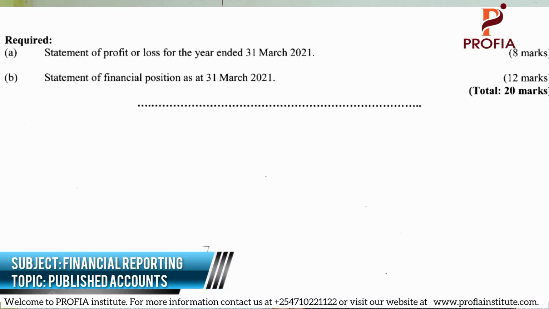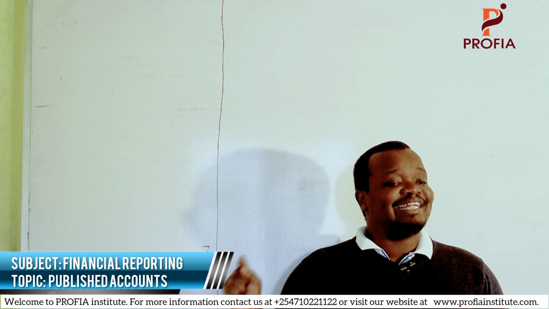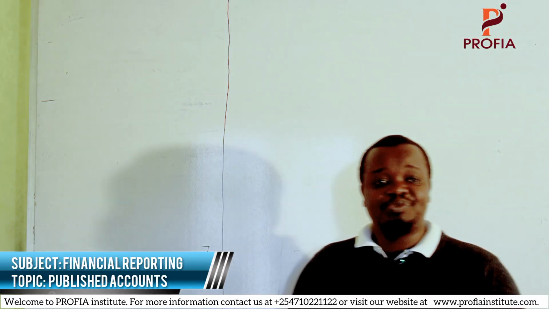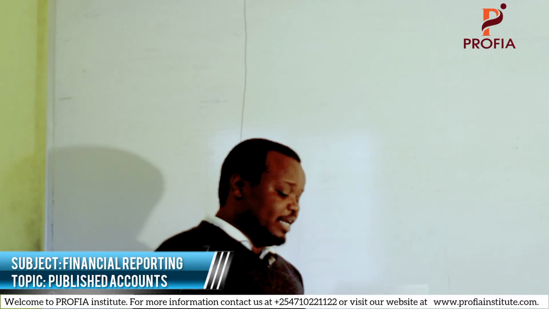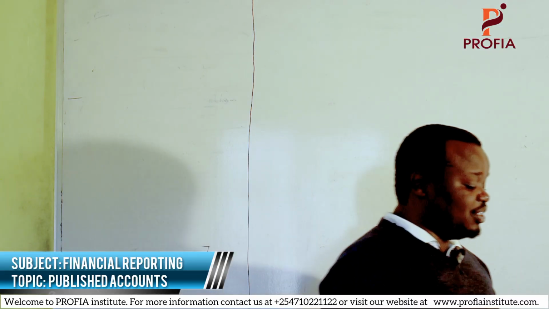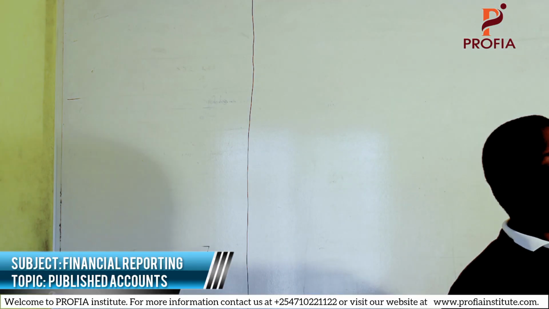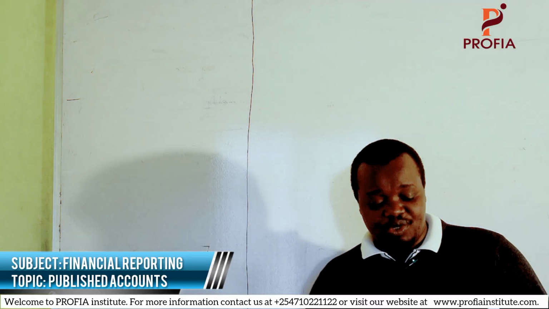Required wanataka statement of profit or loss for the year ended 31st March. When you're checking the required, you also check which year is it ending. You get your accounting period. You can see our accounting period is from 1st April 2020 to 31st March 2021. So they want financial position and profit or loss account. So now we can go through it.